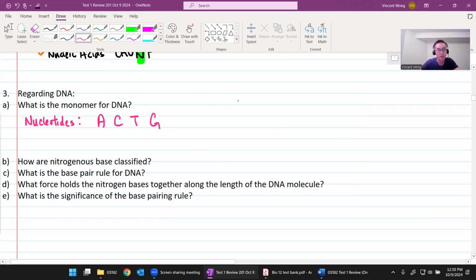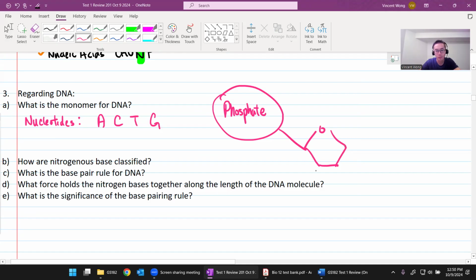Okay, and just in case you need a refresher, a nucleotide has three parts to it. There is a phosphate connected to a sugar, and in the case of DNA, it is a deoxyribose sugar, and then it's connected to a nitrogen base or nitrogenous base.